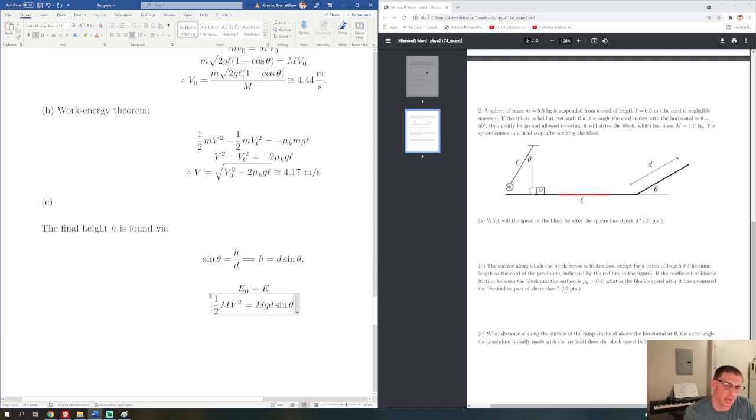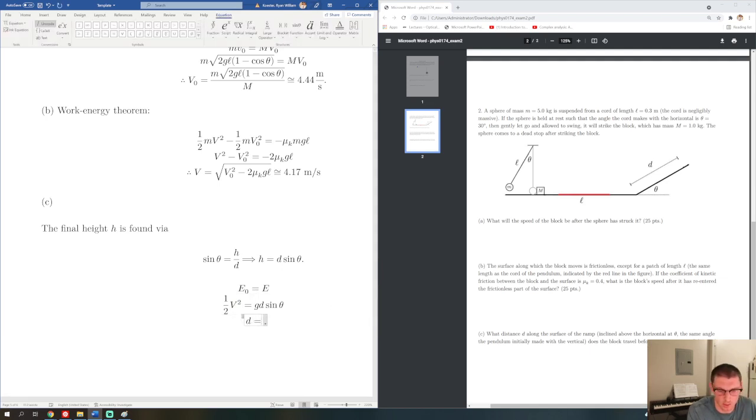So we can cancel the M's. And then we solve for D, right? Somebody check me on here because I cannot do algebra for the life of me, but I think it's going to work out to be big V squared over 2 G sine theta. That looks good, right?